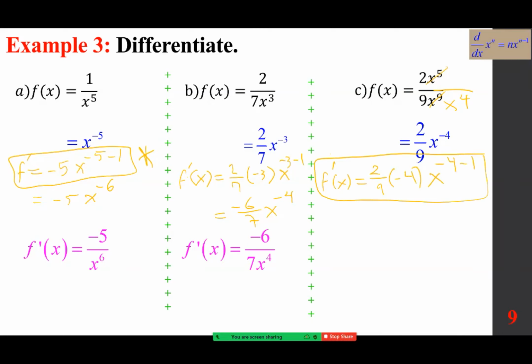This is the only calculus step. I continue with my algebraic steps, minus 8 over 9 x to the power of negative 5. And one more algebraic step gives me the final answer.